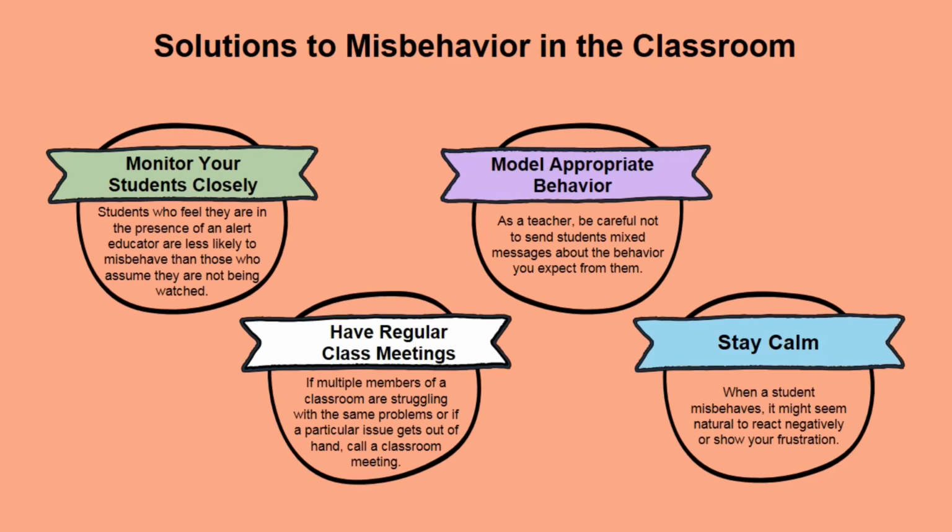Fourth point, which is stay calm. This point is important as a teacher, which is when a student misbehaves, it might seem natural to react negatively or show your frustration.